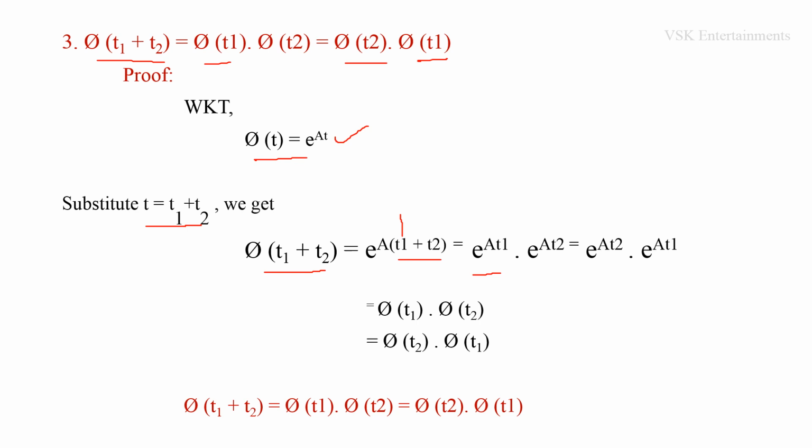We can write this same as e power A t2 and e power A t1. From that we know phi of t is equal to e power At. In place of t we have t1 and t2, so we substitute phi of t1 into phi of t2. We can write this as phi of t2 into phi of t1. This is the third property of the state transition matrix, that is phi of t1 plus t2 is equal to phi of t1 into phi of t2, that is equal to phi of t2 into phi of t1.